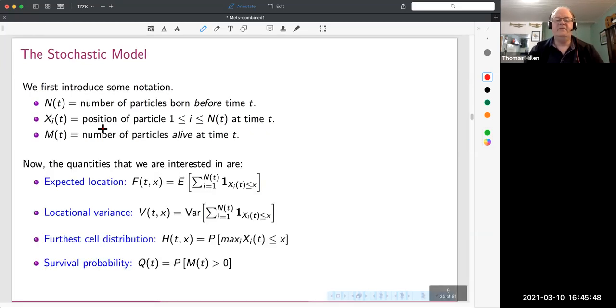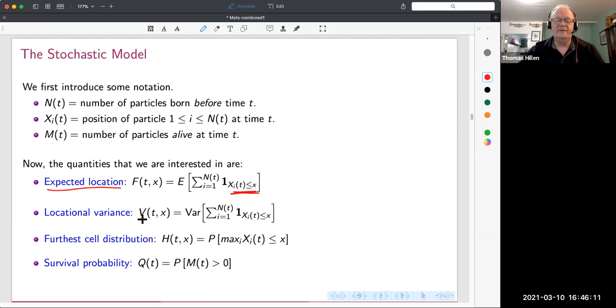And then based on the stochastic process I defined earlier, we can derive expressions for these things. So we have the expected location E, expected location F, which is the expectation to find the particle less or equal x. And this less or equal could be understood in a higher dimensional sense as well.